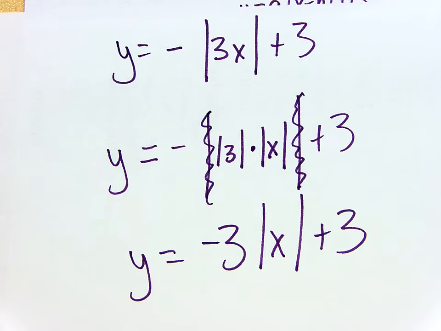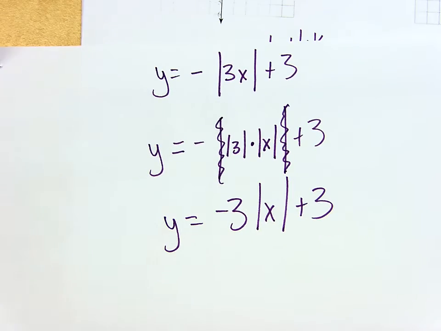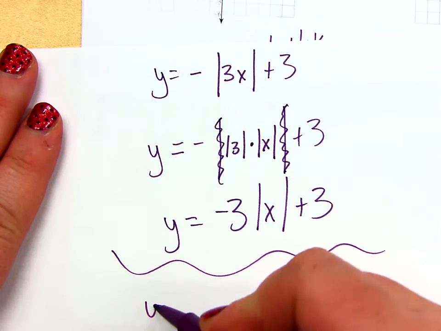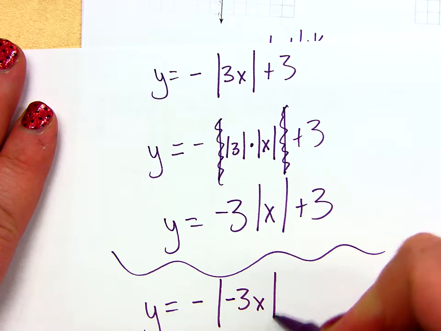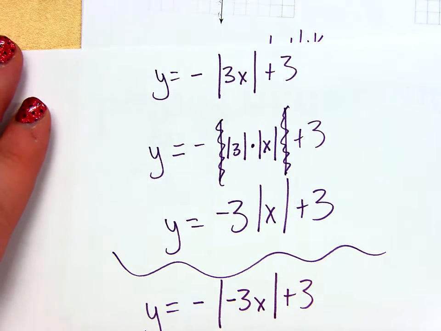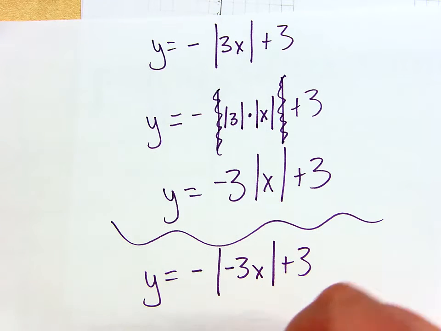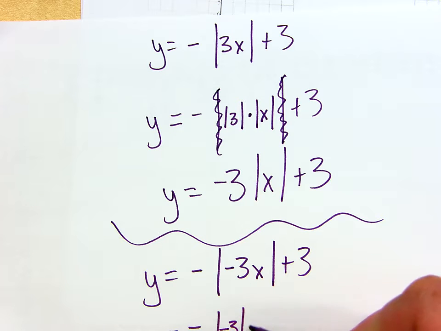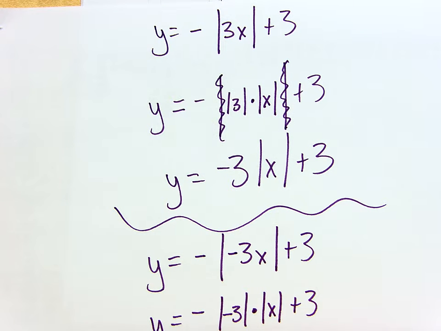Mm-hmm. But here's what messes a lot of kids up. Say my original had looked like this, y equals negative, and then it was negative 3x in there. It ends up being the same thing. Because if I split this up, y equals, that negative is still there, the absolute value of negative 3 times the absolute value of x. The absolute value of negative 3 is still 3.